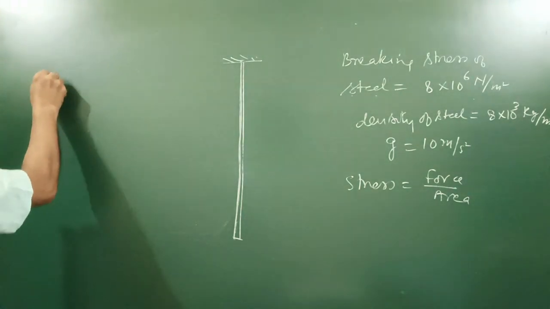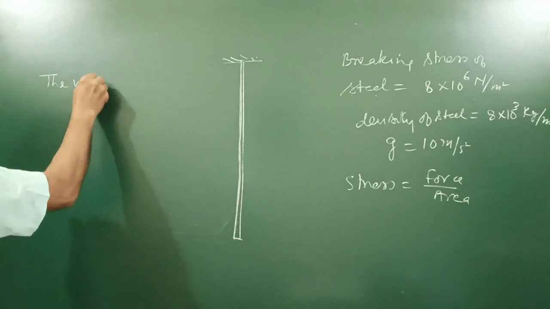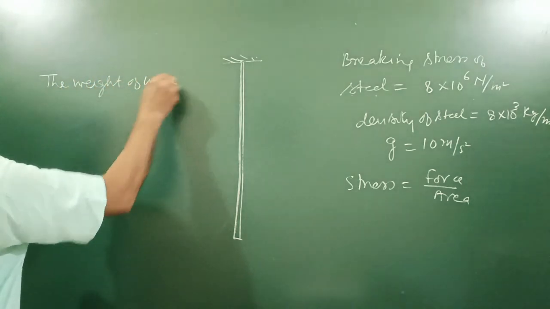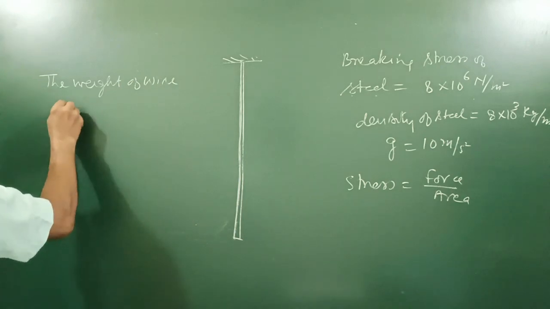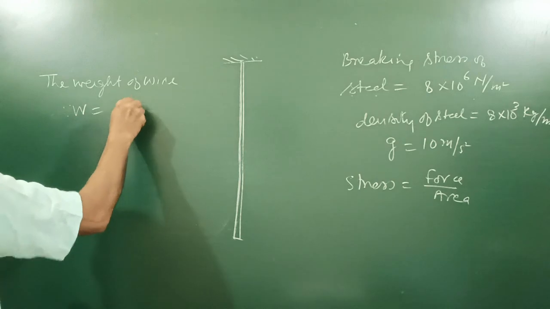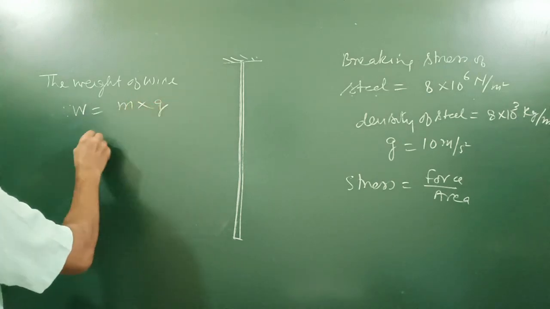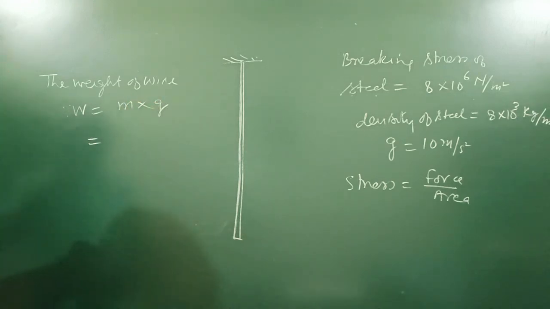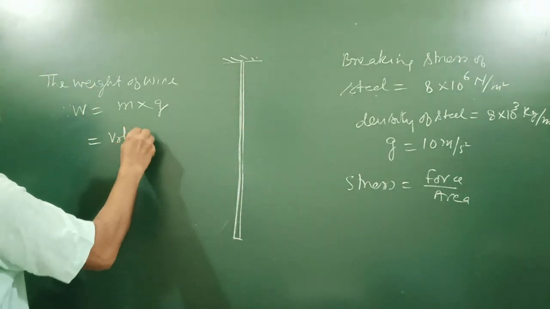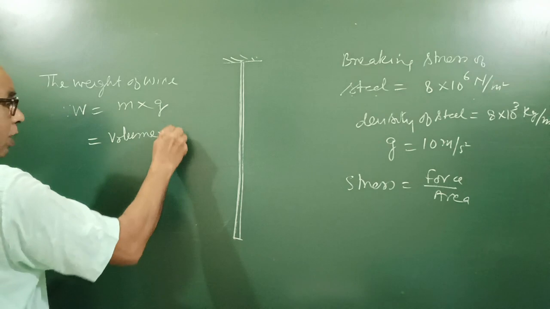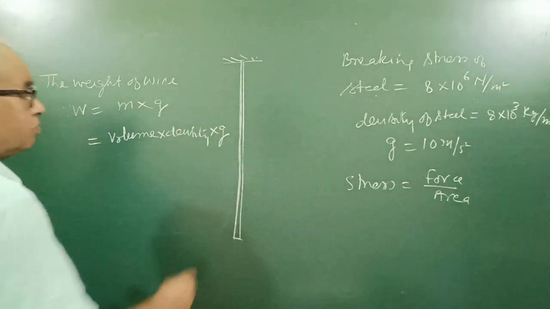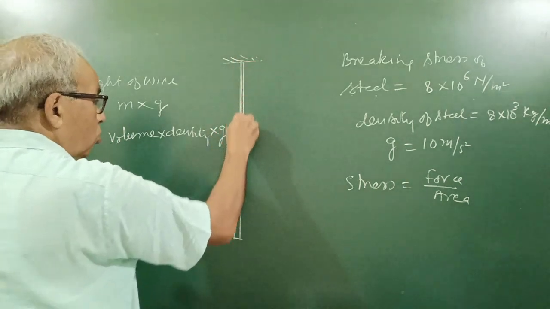So weight of the wire. W is equal to M into G. And what is M? Volume into density. Volume into density into G. How to find out volume of this wire?